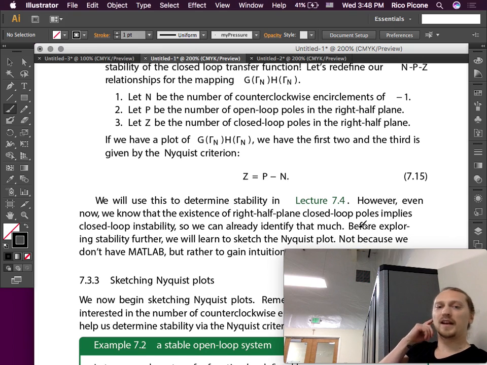However, even now, before we've really talked about stability in this much, we know that the existence of right half plane closed loop poles implies closed loop instability, right? So we can already identify that much.